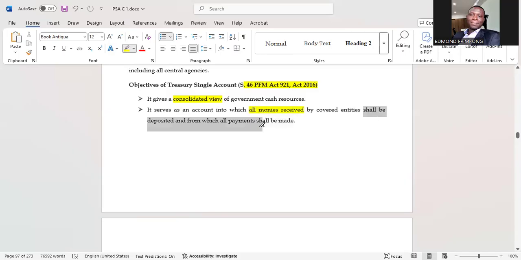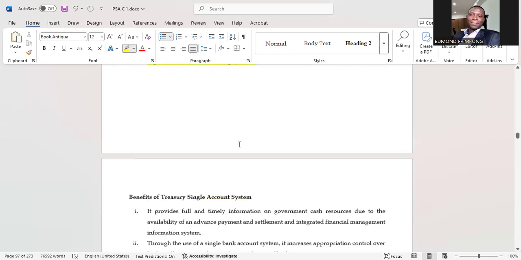Deposited, and from which all payments shall also be made. We want to have one account in which all monies we have received, we are going to put in there. Any money we need to pay, we pay from this same account. That is the objective of treasury single account. You can be asked in an exam. It's very, very important. So please take notice of that.